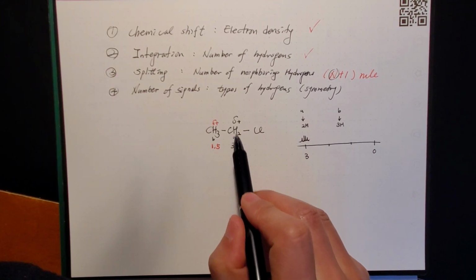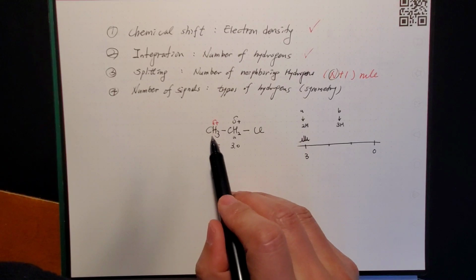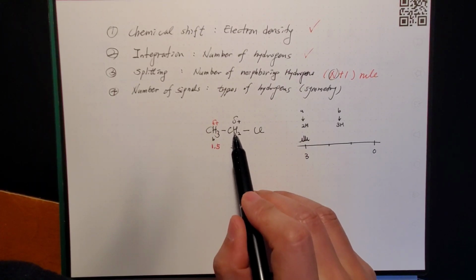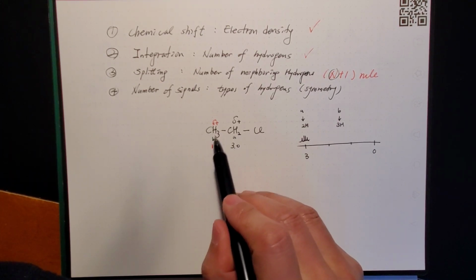It's like both are excited nuclei that make this neighbor feel a certain energy. When both are low energy alpha spin, it feels somewhat less energy from the neighbor.